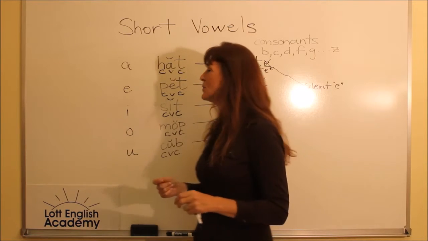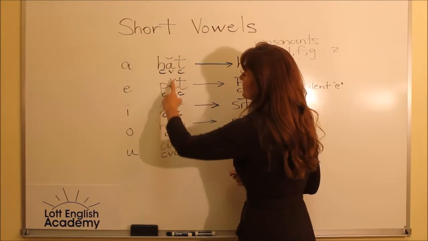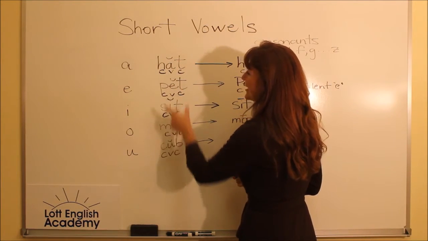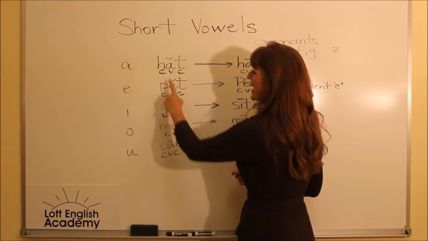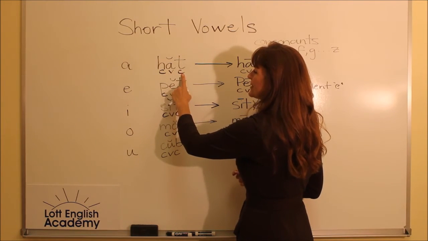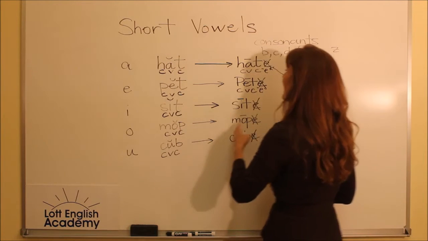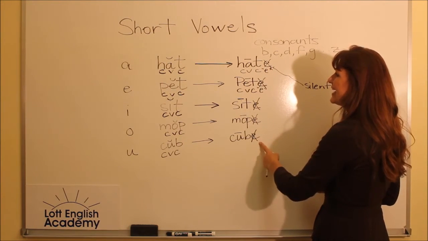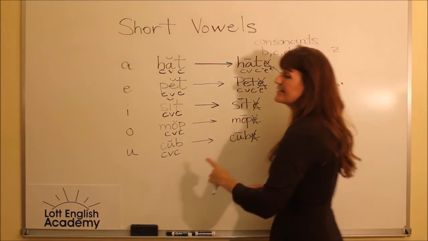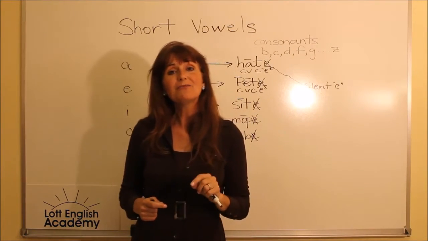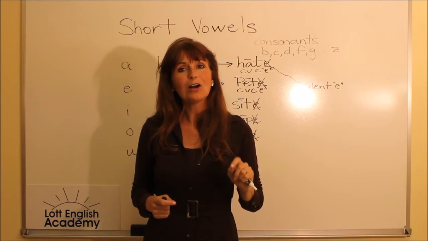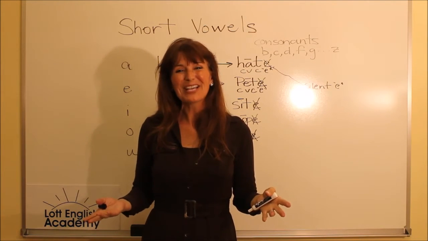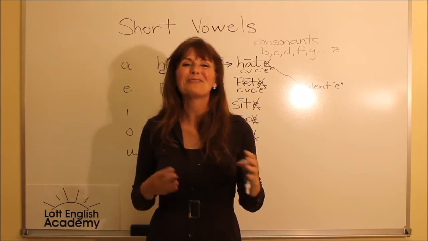So the basic rule that we're seeing here is that we see a short vowel in these little words where we have consonant, vowel, consonant, contrasting that with the consonant, vowel, consonant, E at the end, the long vowel sounds. If you want to find out more about long vowels, please take a look at our video on long vowels.